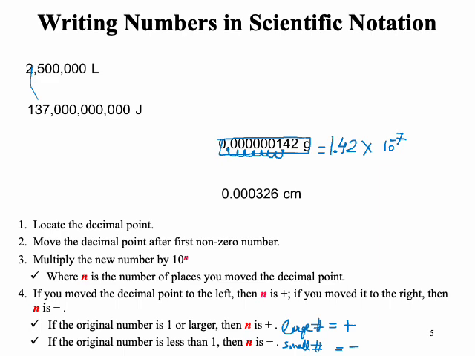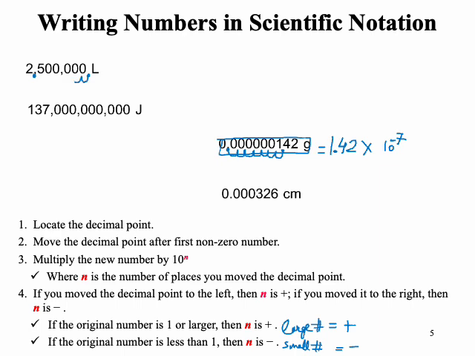Let's try this one. On top, for example, this, the first step is I need to locate my decimal. There's no decimal right here, which means this is my decimal. It's not given to me, so I'll put it at the very far end of the number. Where do I want it? I want it right after the first non-zero digit.